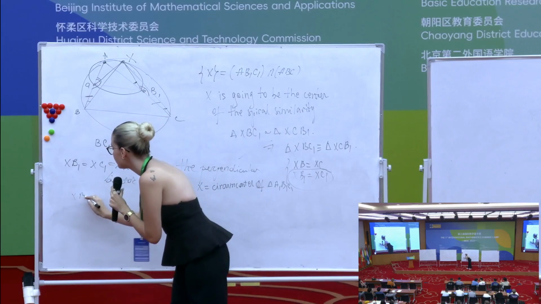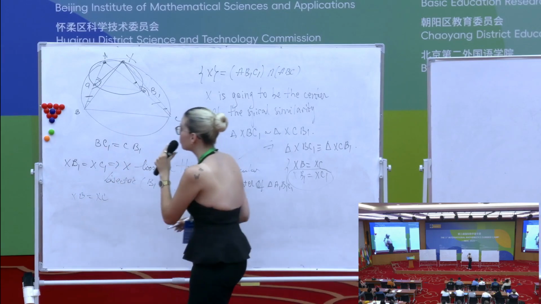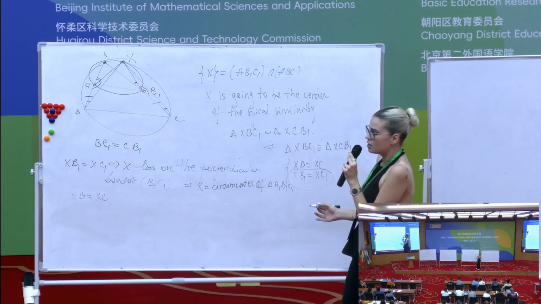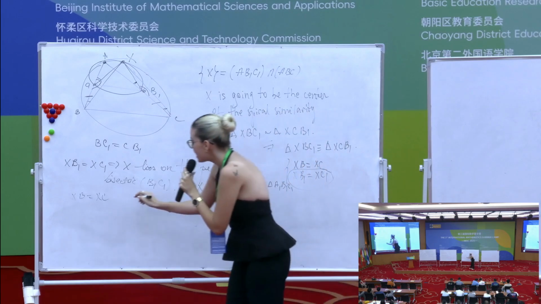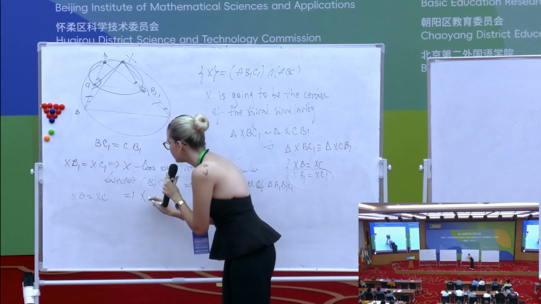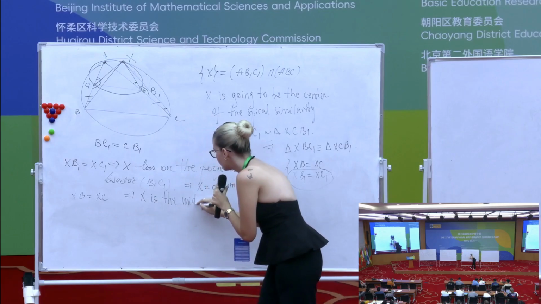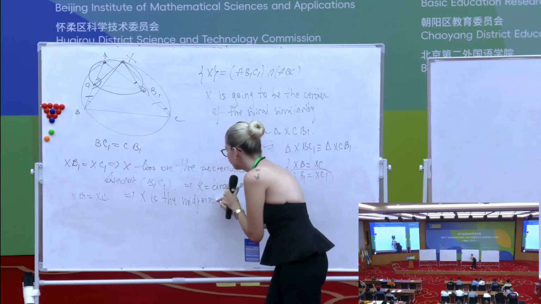But not only this, because we also obtain something very important here. We know that XB and XC are equal, and X lies on the circle ABC. So who is X? X is actually the midpoint of the arc BAC.